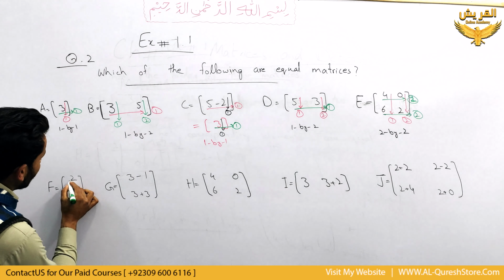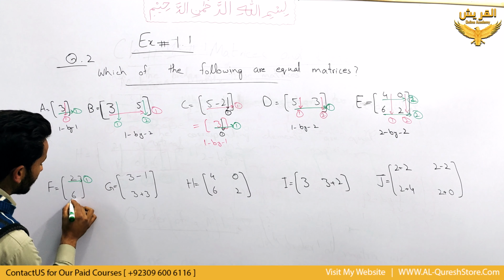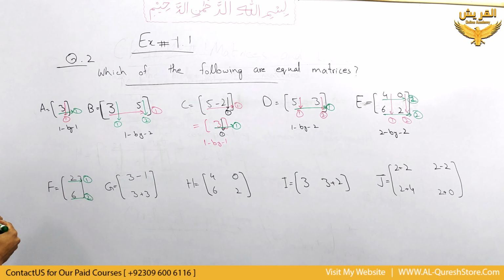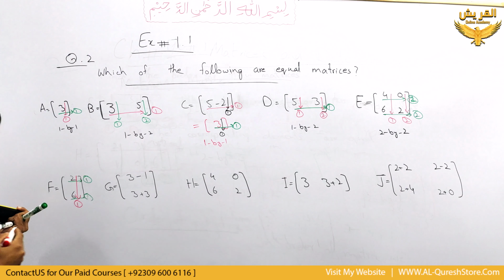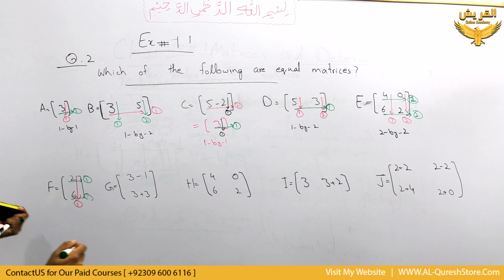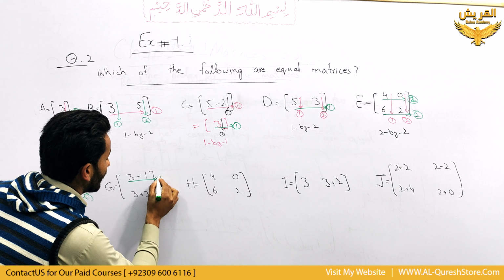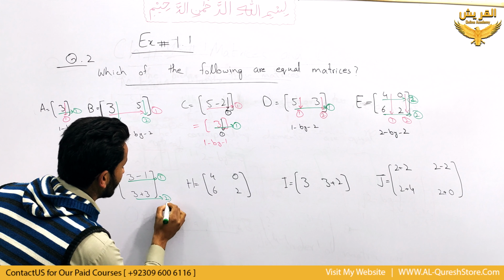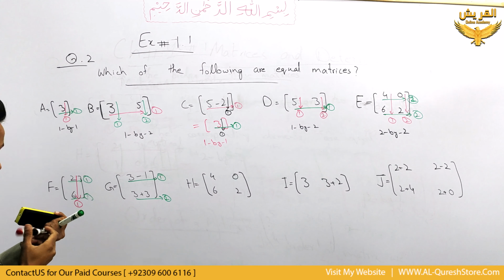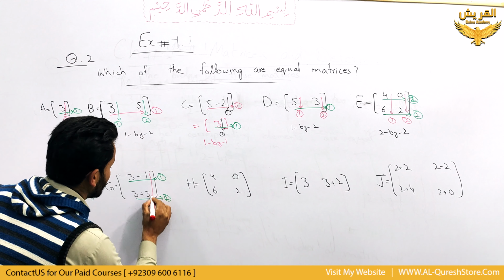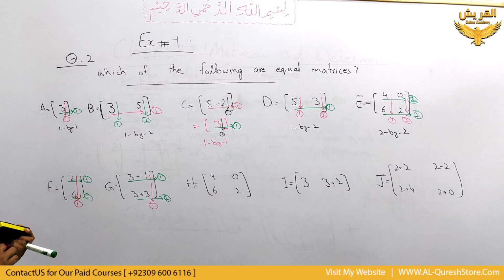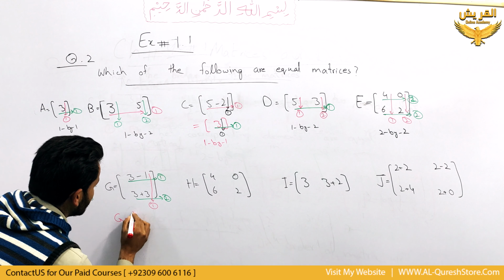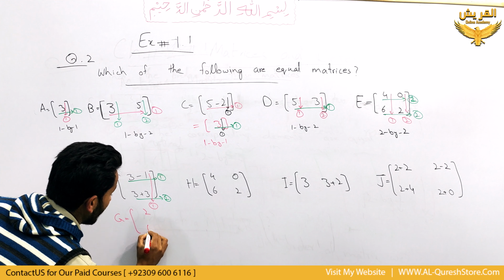This is F, number of rows 2 and number of columns in this matrix is 1. See the other one, number of rows, first row and second row, and number of columns is only 1. 3 minus 1 and 3 plus 3. We can also write this matrix G is equal to 2 and 6.